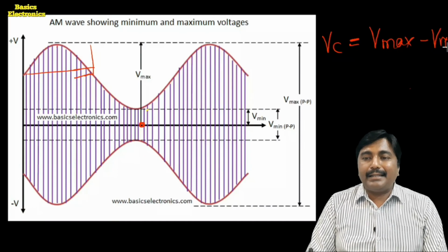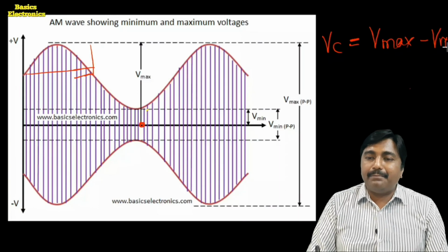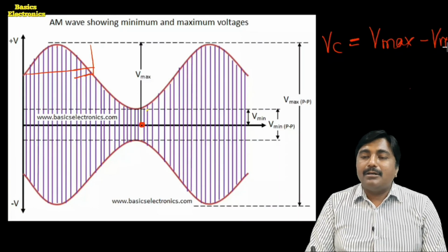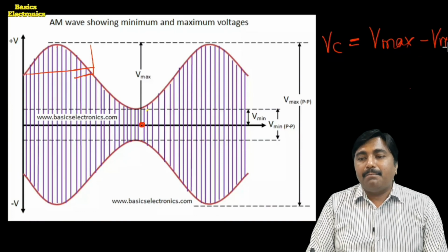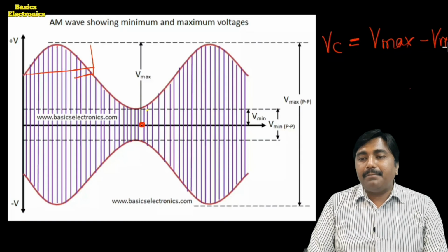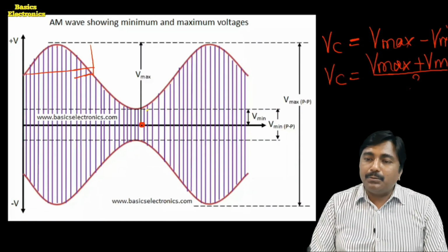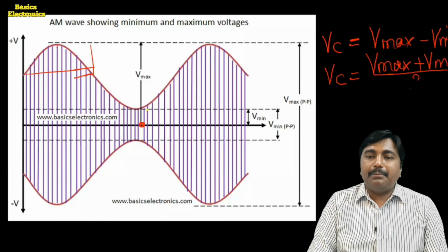If we put in the value of Vm and solve that equation, we get Vc equals Vmax plus Vmin divided by 2.